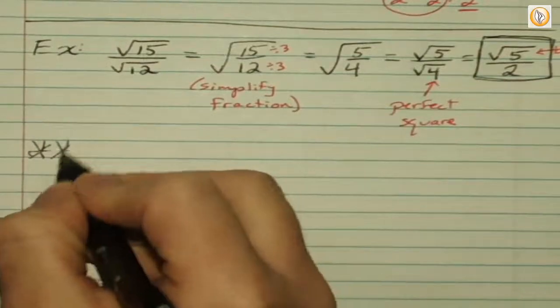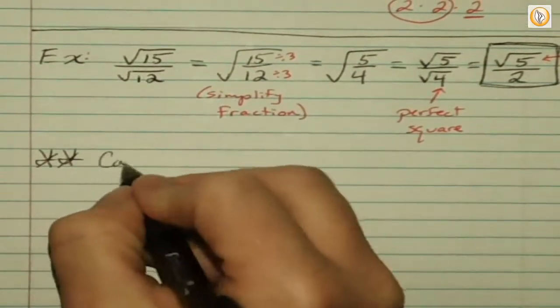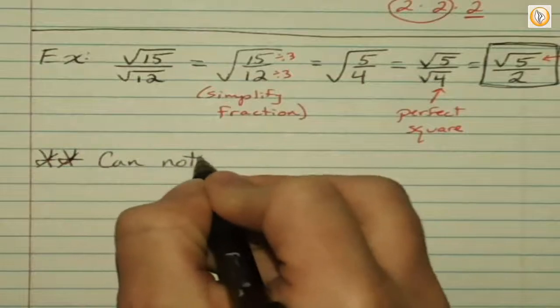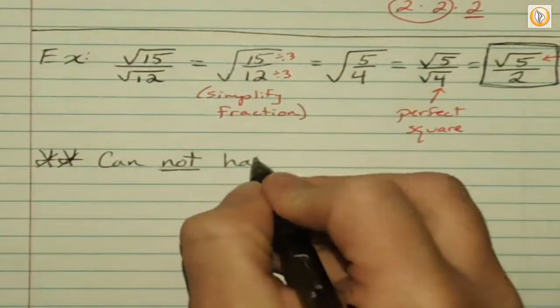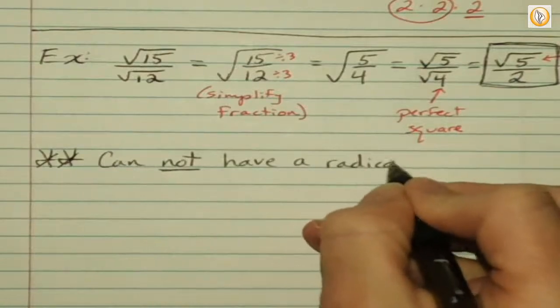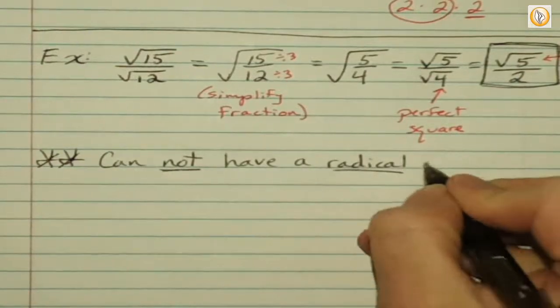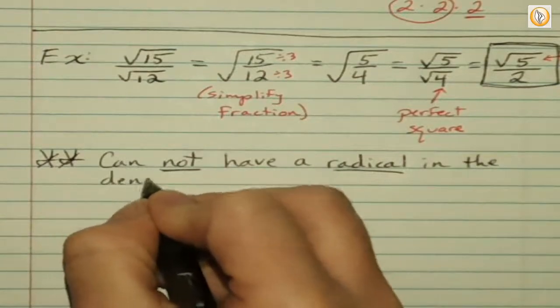There's a big rule. So I got 2 stars there. You cannot have a radical in the denominator.